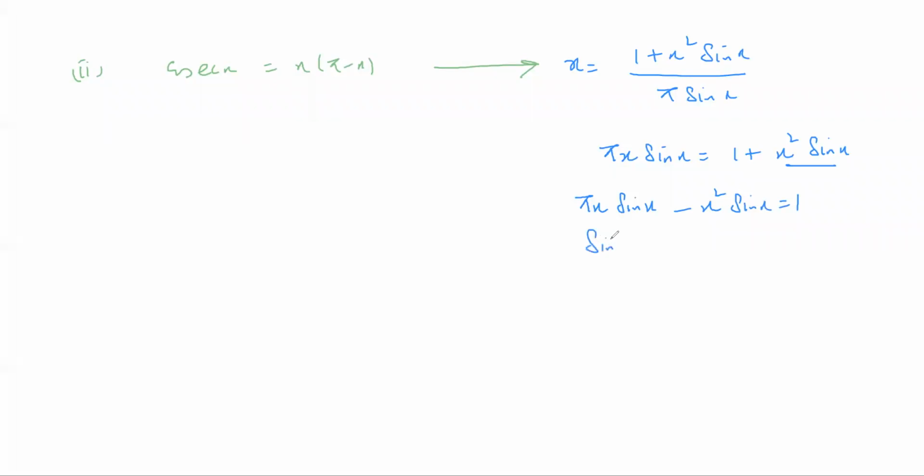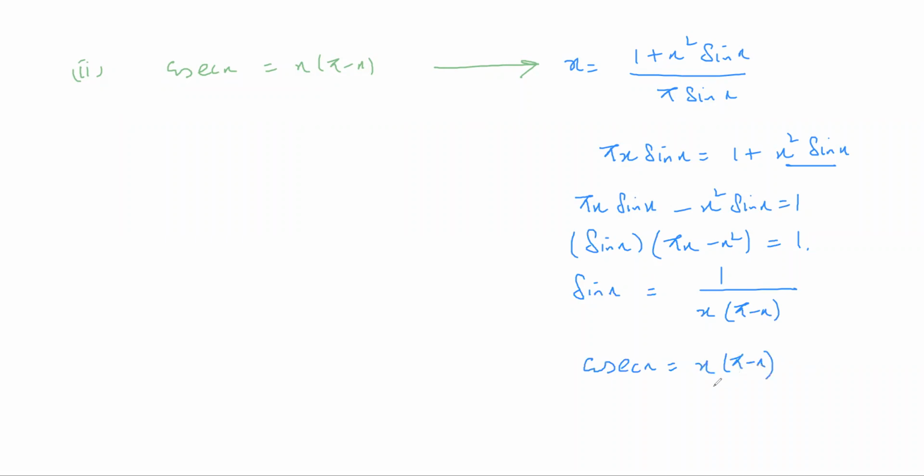You can take sine x common from here: sine x times (pi x minus x squared) is equal to 1. Now I take x common from here: sine x times x times (pi minus x) equals 1. And now I write the reciprocal of both sides. The reciprocal of sine x is cosecant x, and this is x into pi minus x. So we have shown that this is derived from that main equation here.